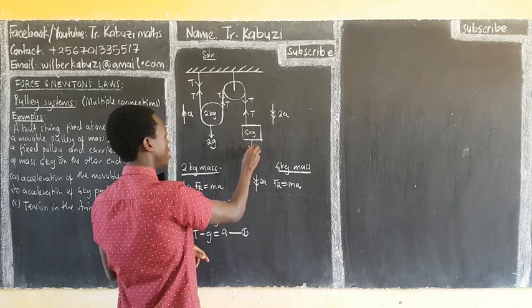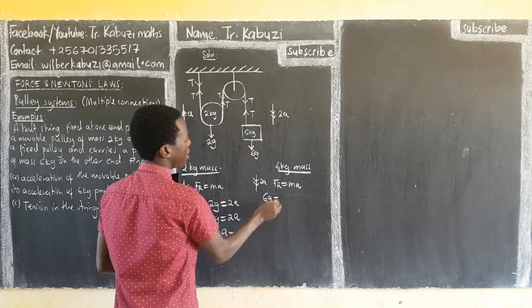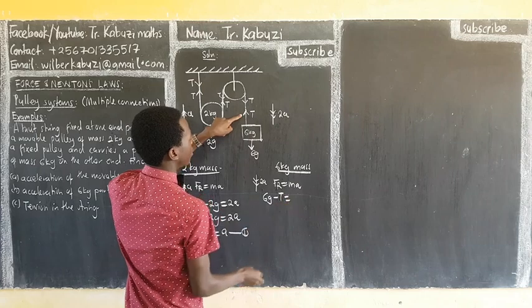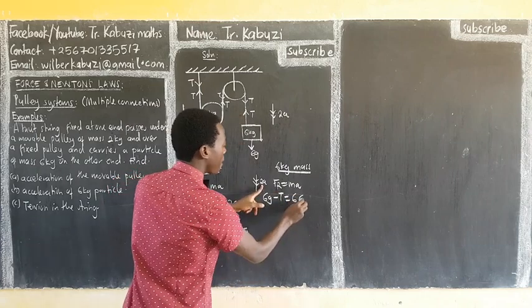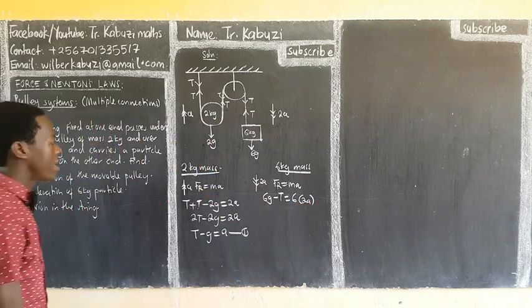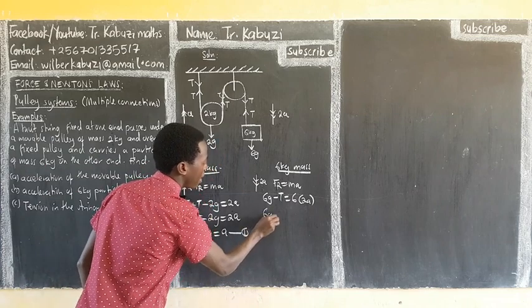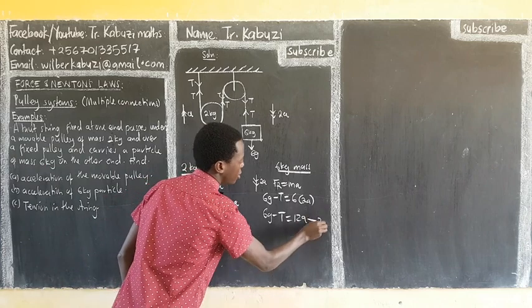This is the force pulling it down. Is there anything opposing? Yes, there is this one. It's equal to the mass, which is 6, and the acceleration here is 2a. Once you get past that, the rest is very easy. So simplifying, this will be 6g minus T equals 12a, and I call this equation 2.